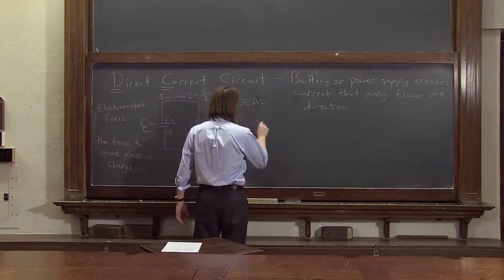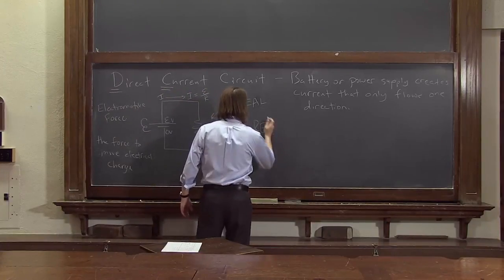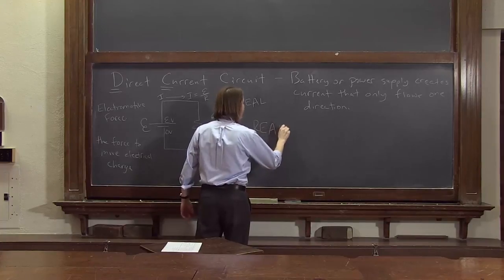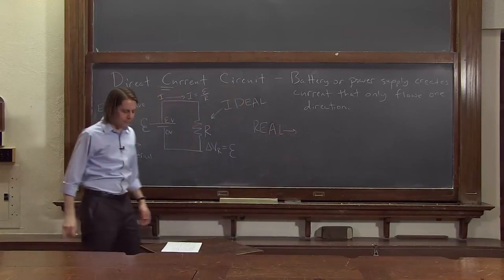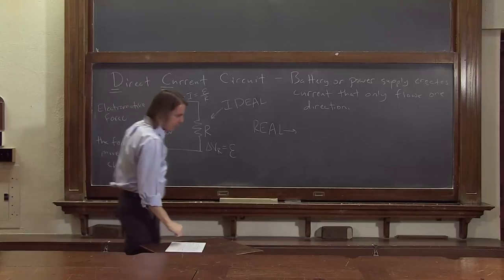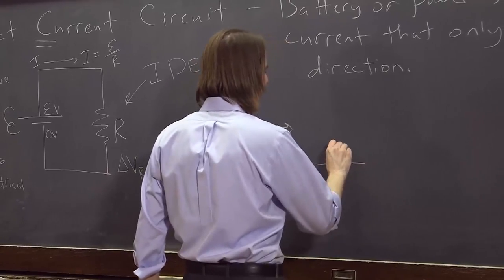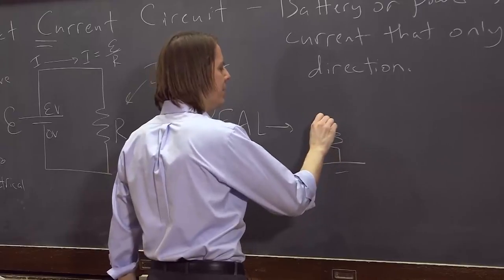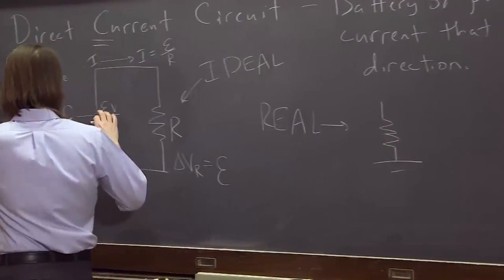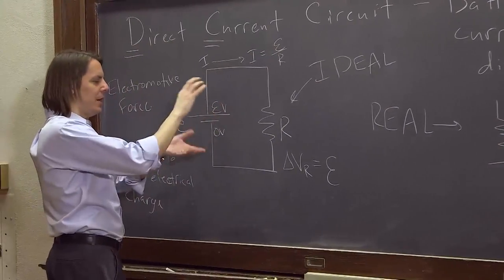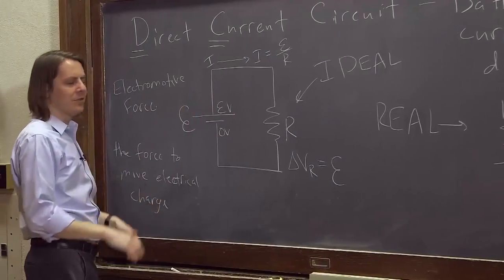So we can also look at something more real, okay? So we could say here is our battery, but actually inside any battery there's some resistance. If this is a bunch of electrochemical plates in some nasty electrochemical medium, the plates have resistance.